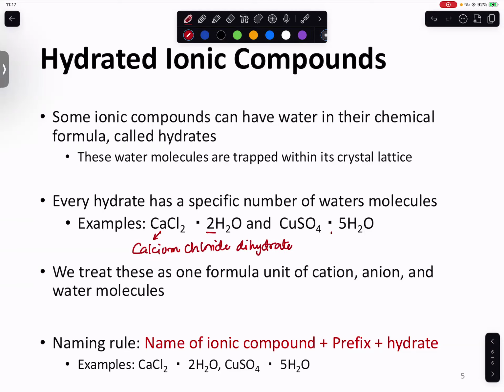For the second example, I have copper(II) sulfate pentahydrate. Copper is a transition metal with a variant charge, so copper(II). I will teach you later on how to name polyatomic ions, but for now, this is a sulfate anion. And since I have 5 water molecules, it's pentahydrate.